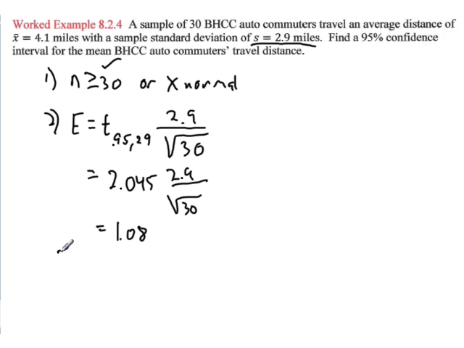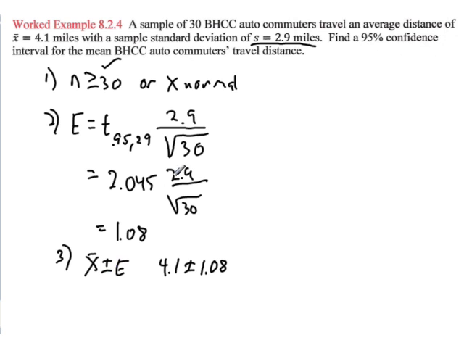So now we can use that and get our answer. Confidence interval is x bar plus or minus e. So what was our x bar? Well, it was again 4.1 plus or minus e, which we found to be 1.08.